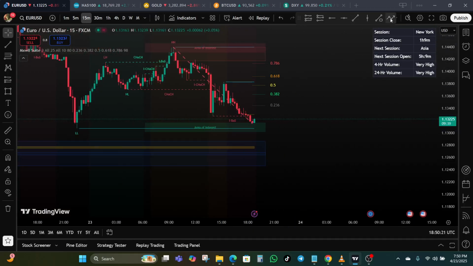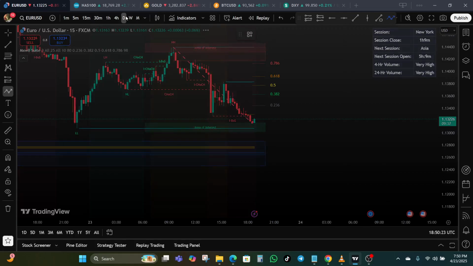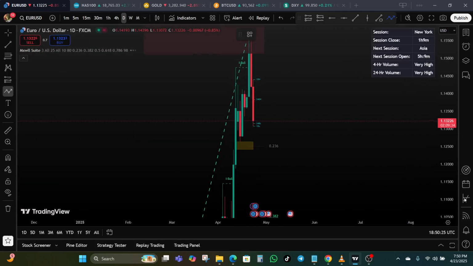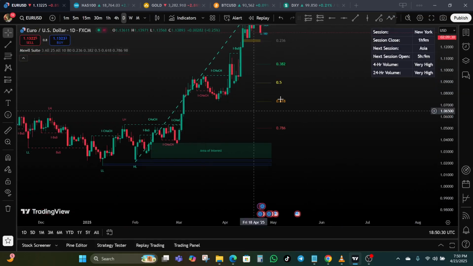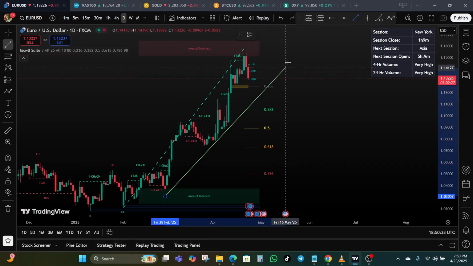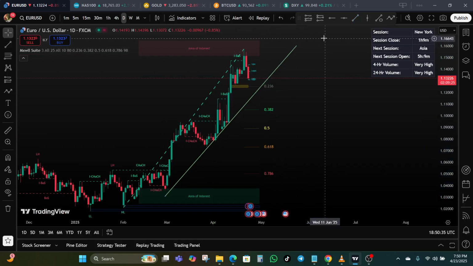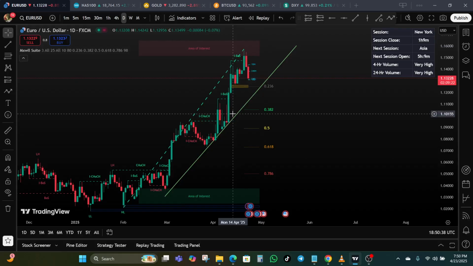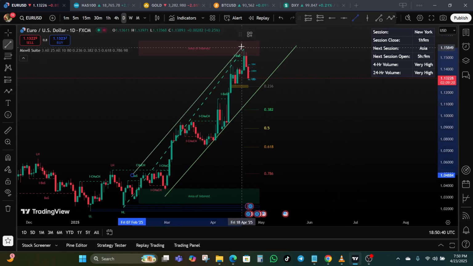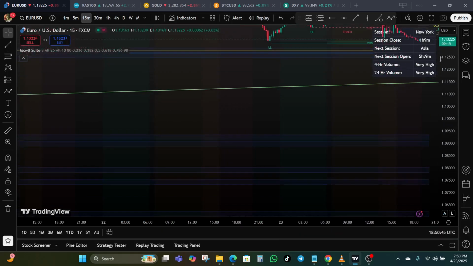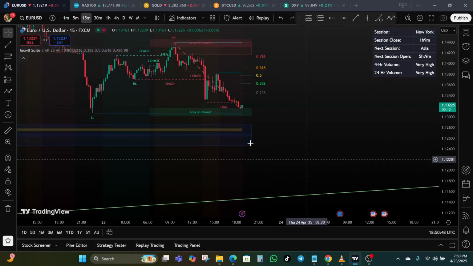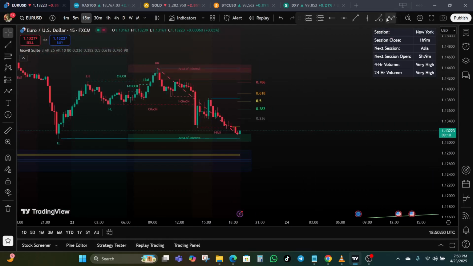In this case, if we are looking for a buy entry, considering the fact that the overall trend is bullish, in line with the overall trend, going back to the lower time frame, we should be looking out for the formation of a break of structure to the upside.